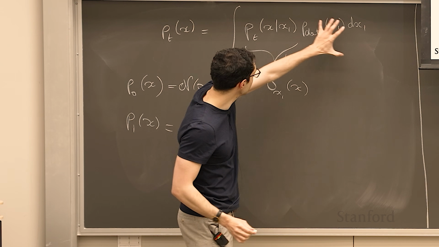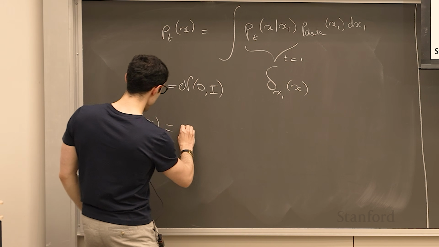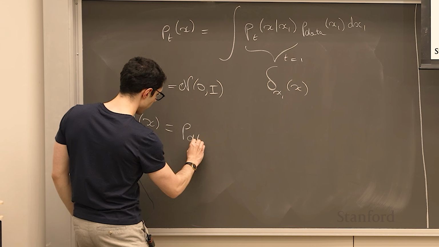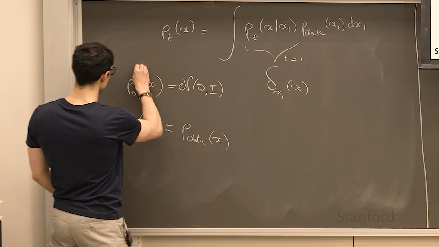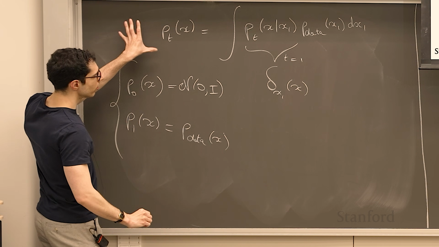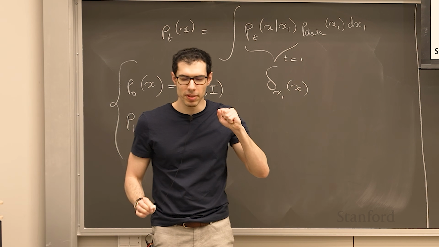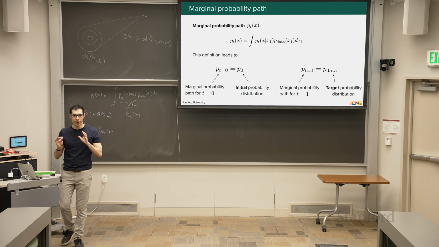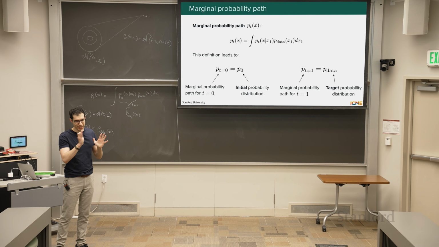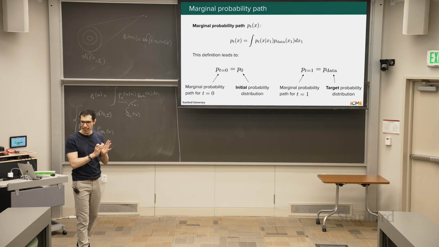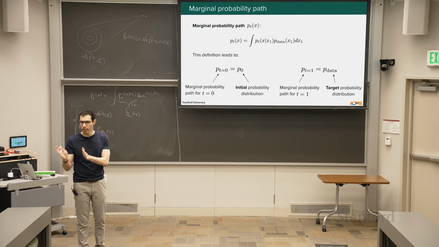So this whole thing simplifies to p data of x. So this marginal probability path verifies that P0, at t equals 0, is equal to your initial data distribution, and P1 is your target data distribution. So it is a valid path to go from 0 to 1.